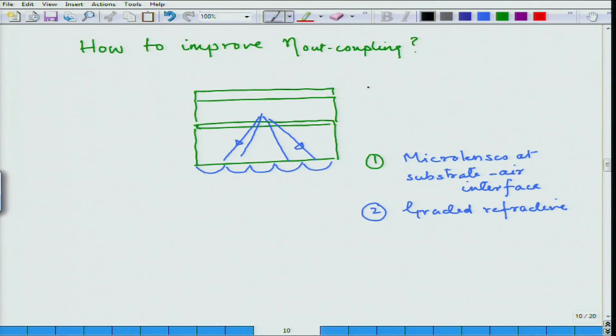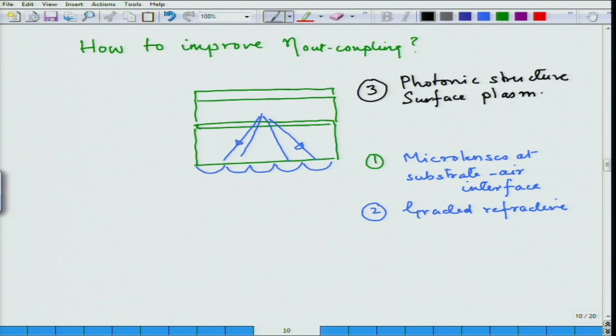And a considerable amount of work is also done where photonic structure is included, or surface plasmons are manipulated to reduce the loss at this particular interface. So, in this way there are many optical techniques by which one can try to reduce the loss and get more efficiency in these devices.